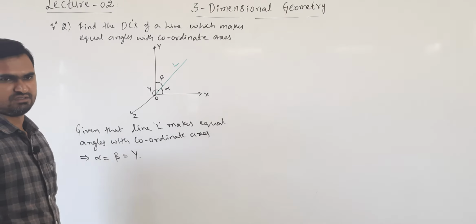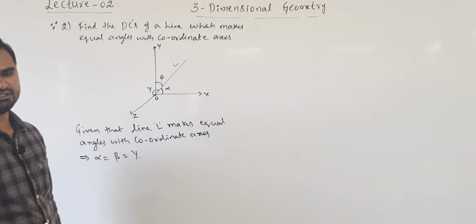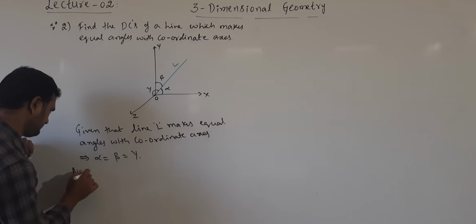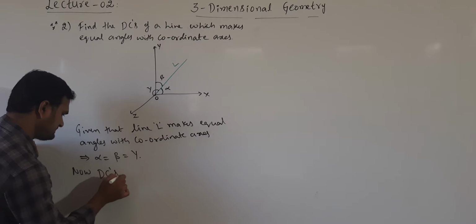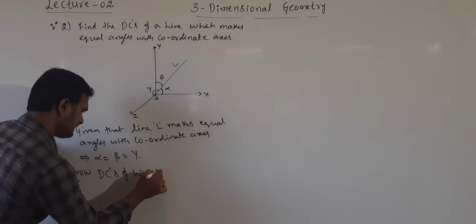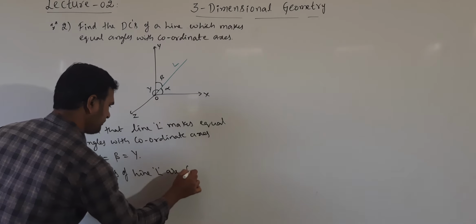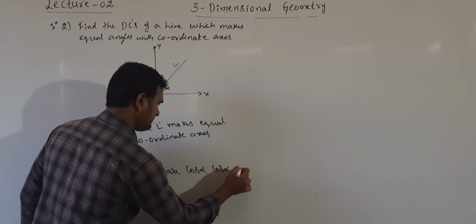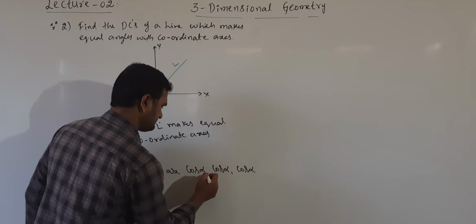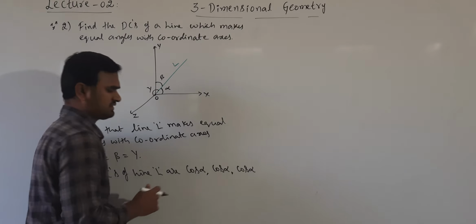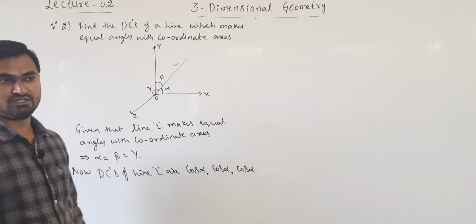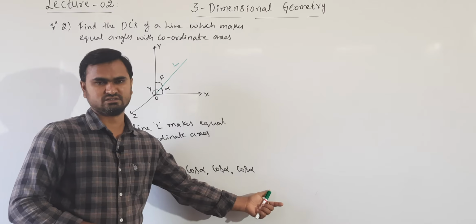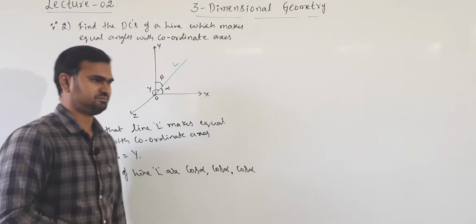Now using this, we have to find the direction cosines of the line. The DCs of line L are cos alpha, cos alpha, cos alpha, or you can write cos beta, cos beta, cos beta, or cos gamma, cos gamma, cos gamma. All values are equal.